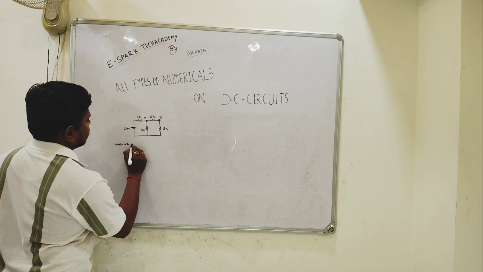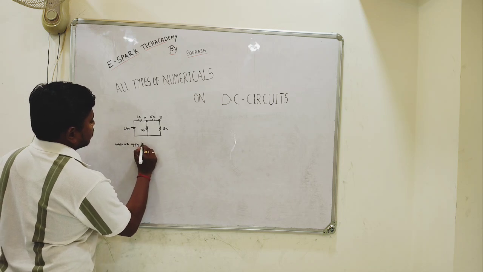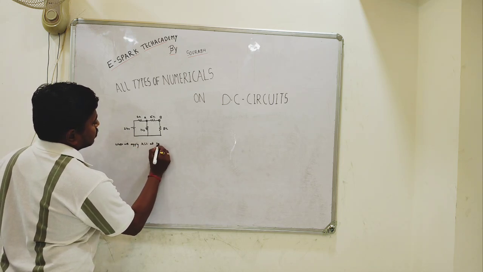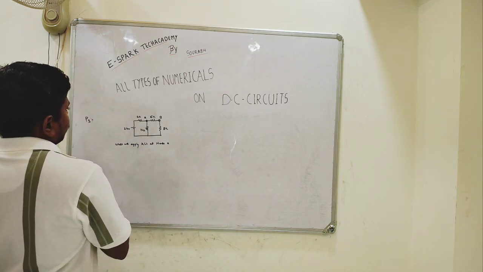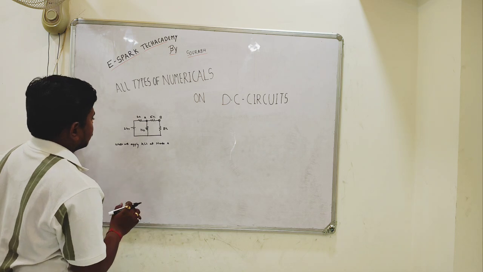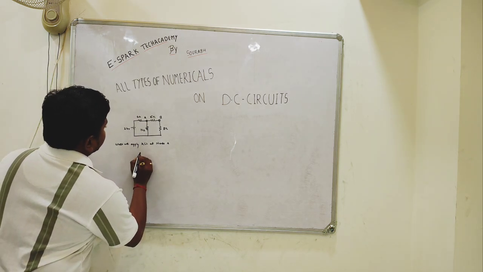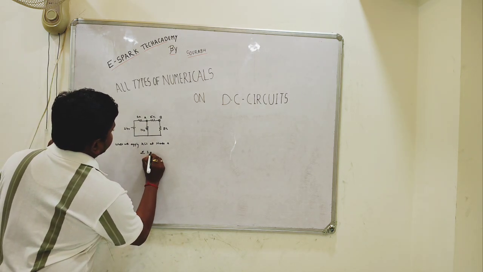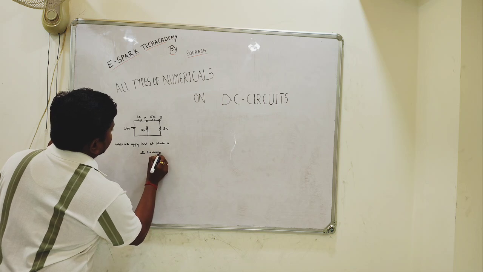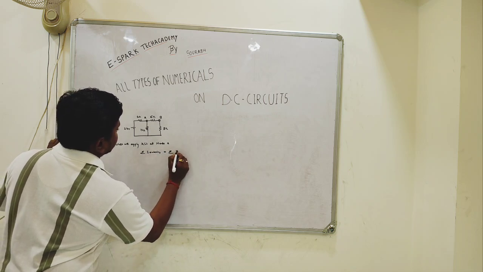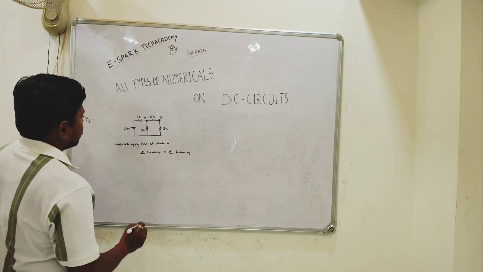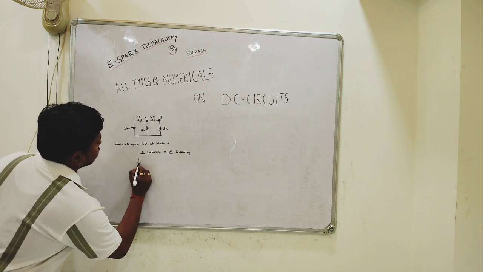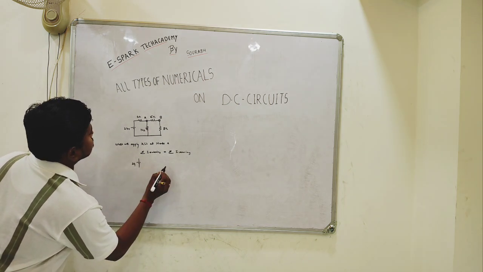When we apply KCL at node A, now I will just draw for the node A what actually it will be. The current summation of I entering is equal to summation of I leaving the node A. Now we will simply draw a diagram where we will be showing all these things.